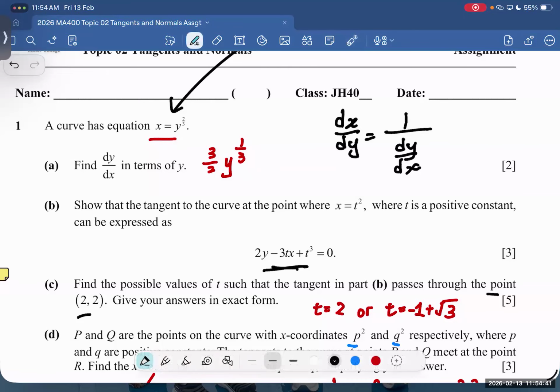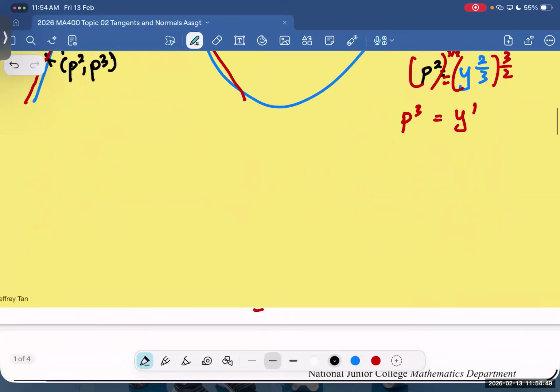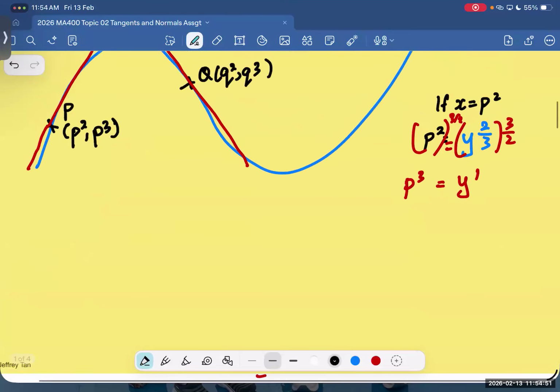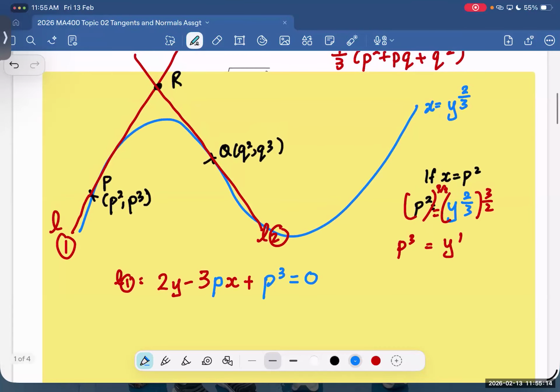So the equation you should be getting, let's call them line 1 and line 2, the equation of line 1 will be 2y minus 3p squared x plus p cubed equals 0. That is line 1. I just changed the t to p.